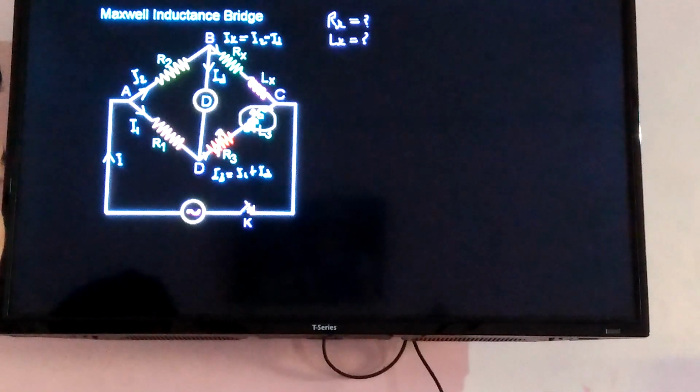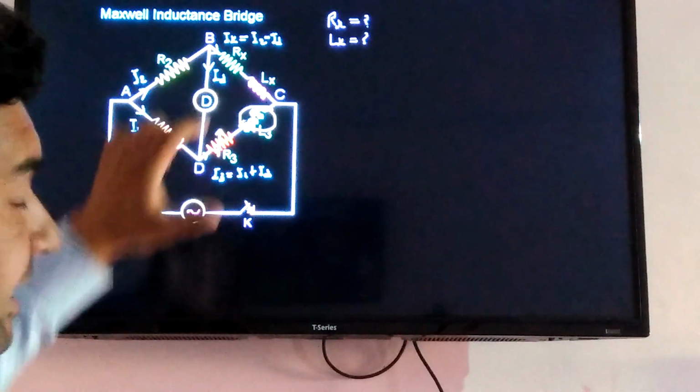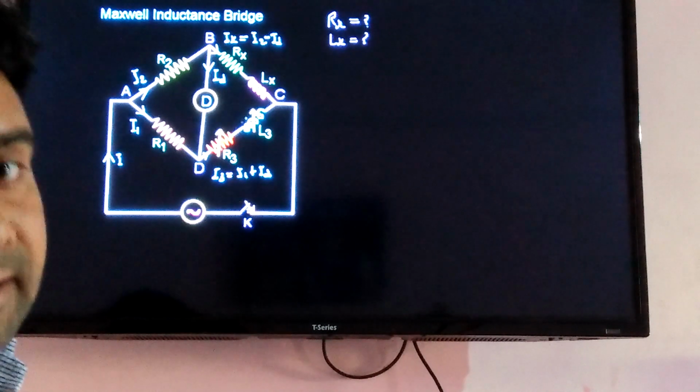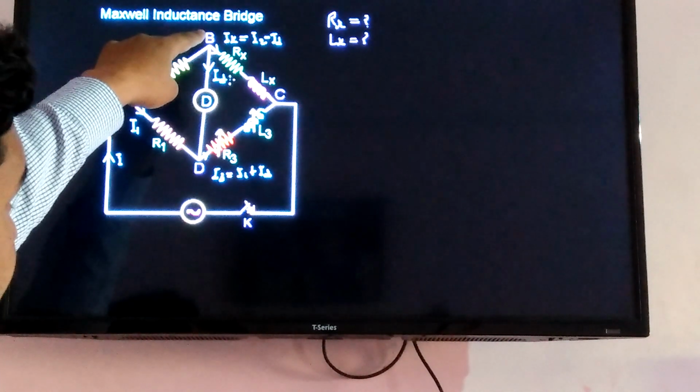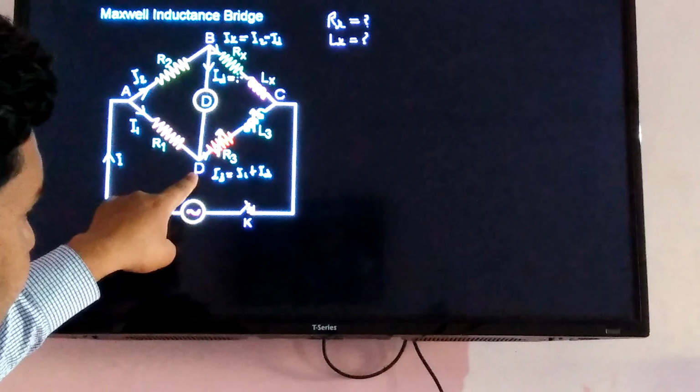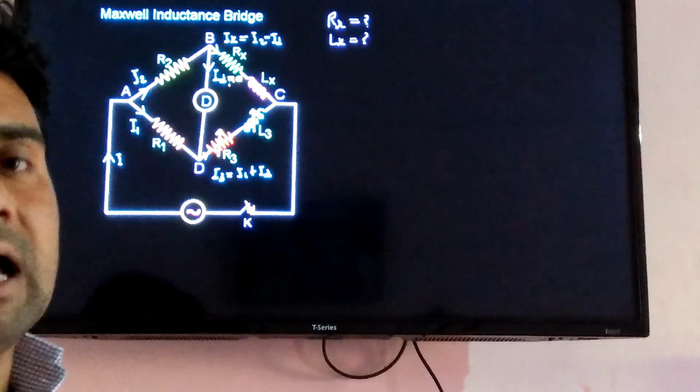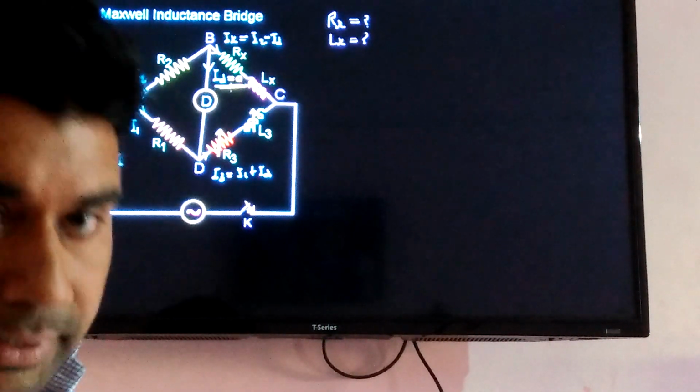Now the balanced condition is when the potential at B is equal to the potential at D. This becomes the balanced condition of the bridge.